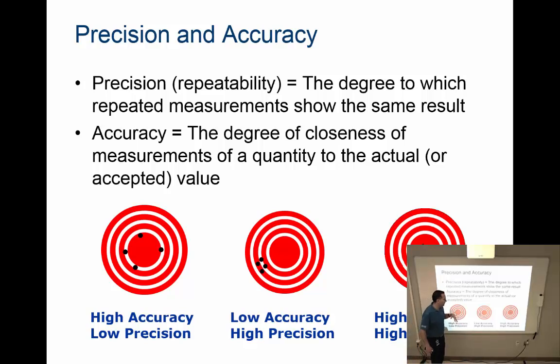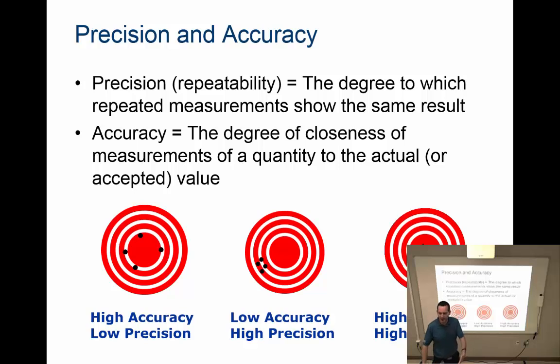Another way to think about this would be using a scale for your weight. If I weigh 170 pounds, that's the actual accepted value for my weight, like it or not. When I get on the scale, it shows my weight at 165. I get off the scale and get back on, and it shows 165.